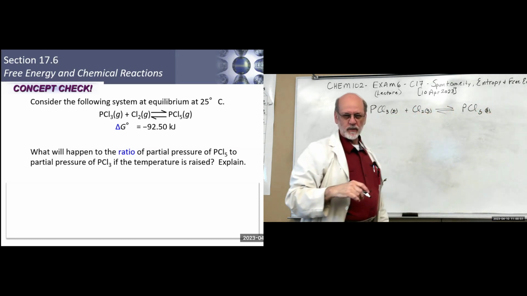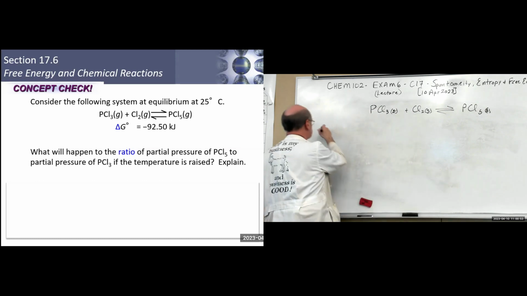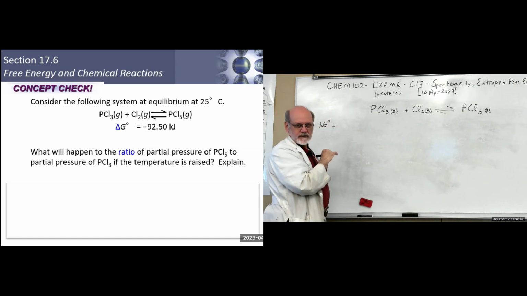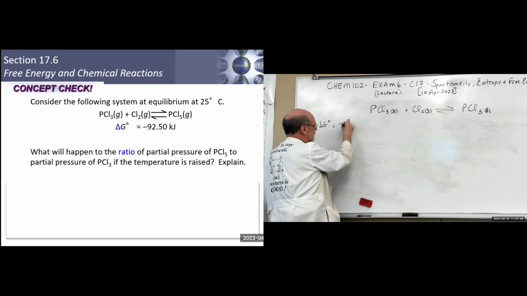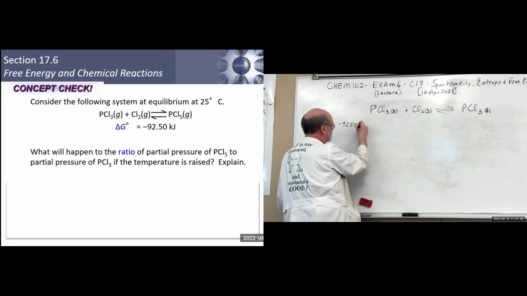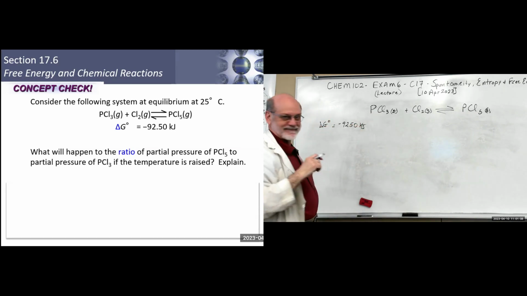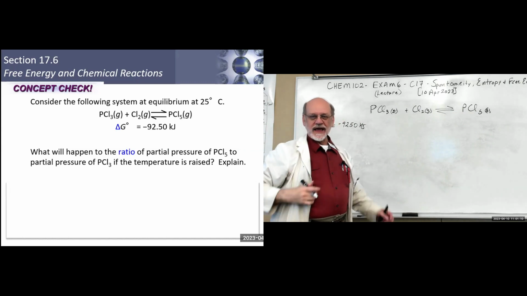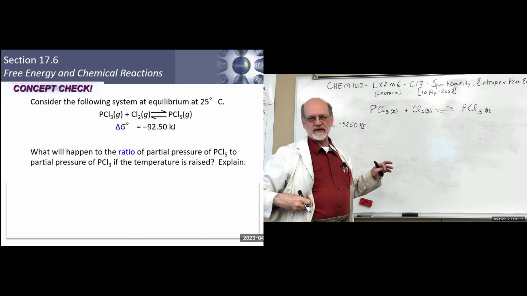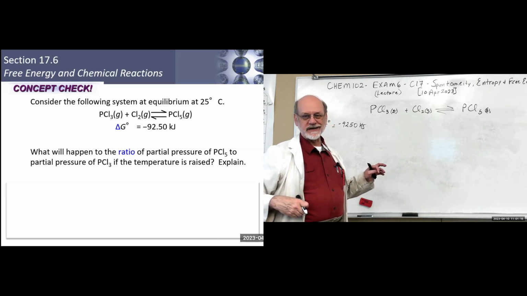Okay, and we're given delta G0, the standard Gibbs free energy, is minus 92.50 kilojoules. Okay, what will happen to the ratio of partial pressure of PCl5 to partial pressure of PCl3 if the temperature is raised?